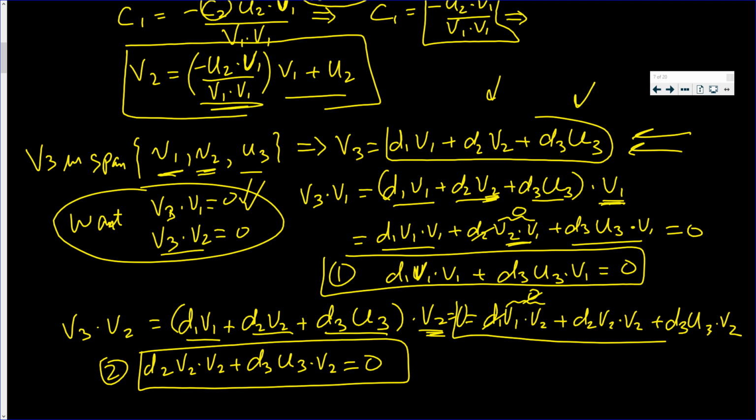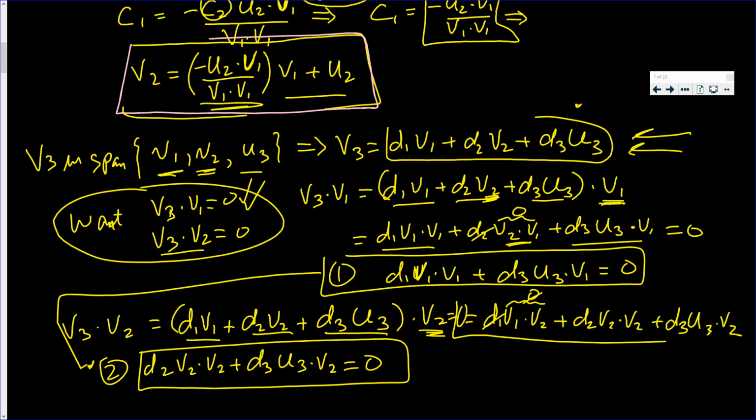So we have these two equations. I want to point out, before I go further, why V2 is not the 0 vector. Let us look at the equation for V2 right here.